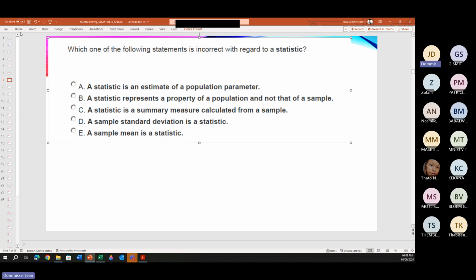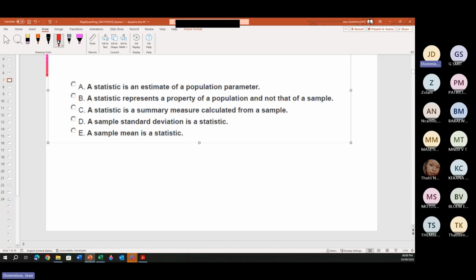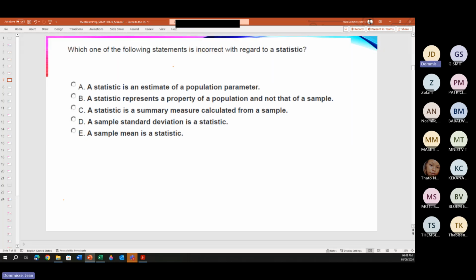So here, this one was a bit of going back to what links with what. A statistic is an estimate of a population parameter, and we want to know which one is incorrect.